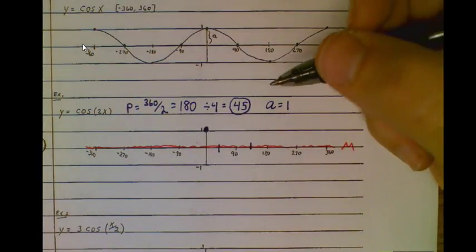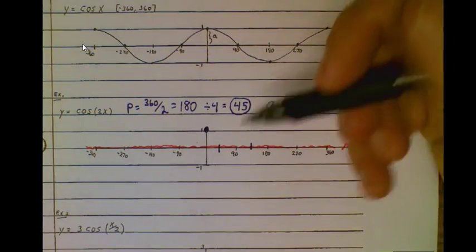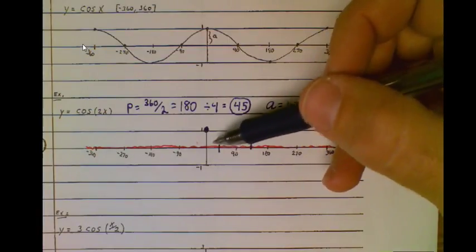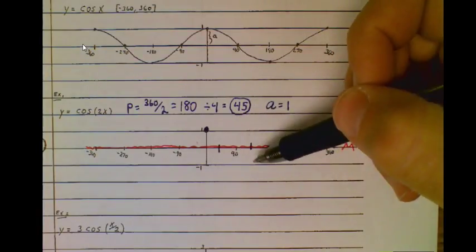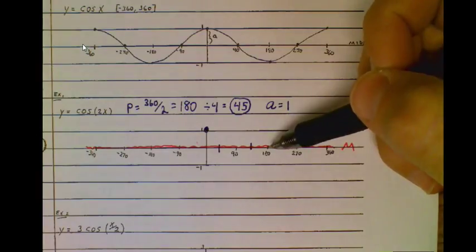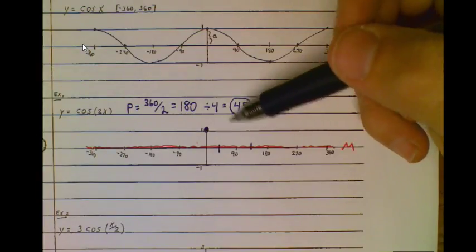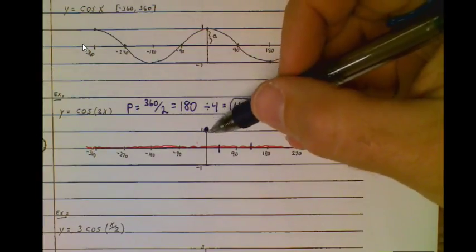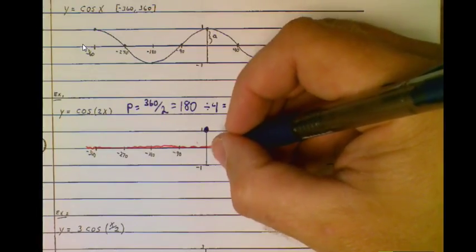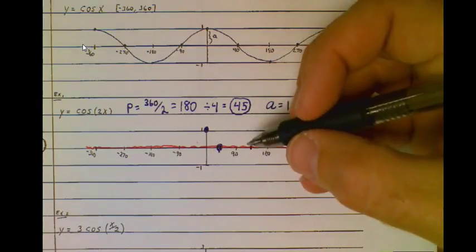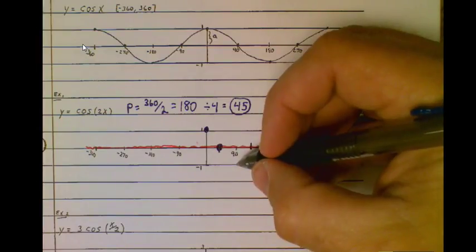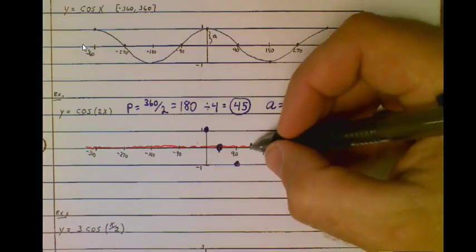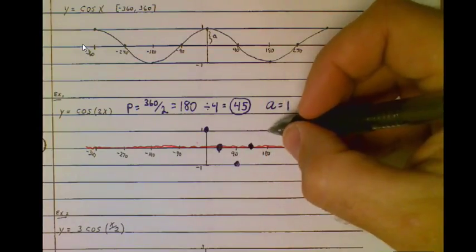And remember, the pattern just alternates from the sine graph. The sine graph went midline, amplitude, midline, amplitude, midline. That's the sine graph, but the cosine graph does the opposite. So we start with the amplitude, then go to the midline at the next 45 degrees, then amplitude, then midline, then amplitude.